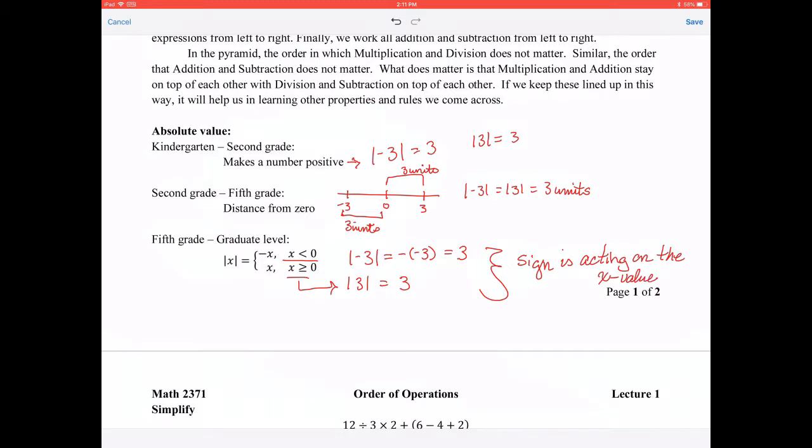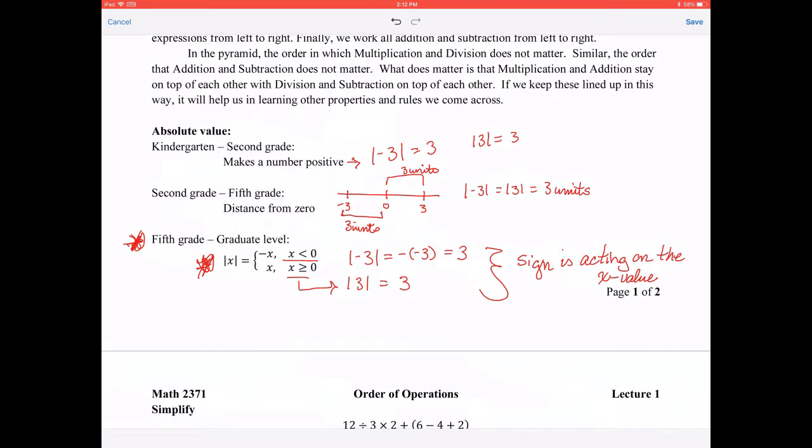All right? And so these are the three stages of absolute value. We, in this class, are going to be dealing with this third stage. So when I ask you for a definition of absolute value, what I am looking for is this graduate absolute value.